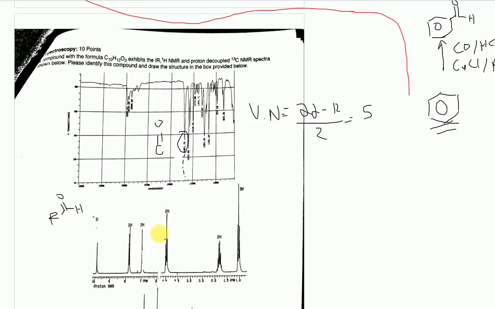Okay? Then I have the 7-8 region, which is our benzene ring region. So here I have the doublet, 2H, 2H. And so this is going to be my benzene ring that is para substituted. And then I have in the 4 region, I have a 2H.